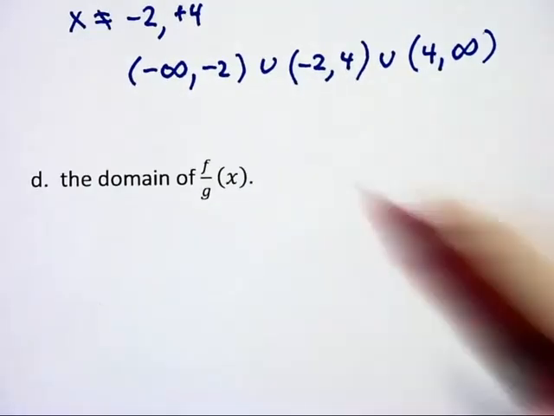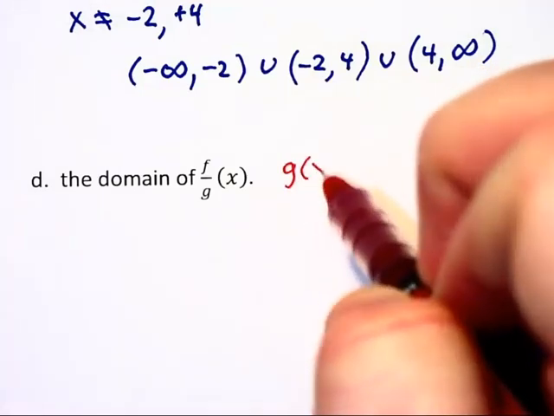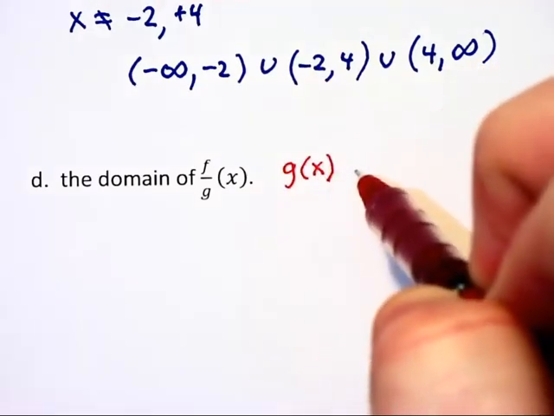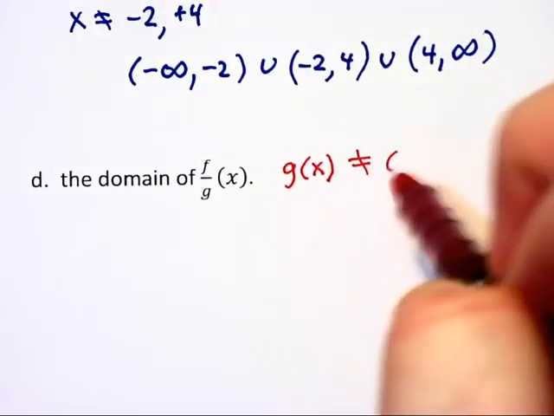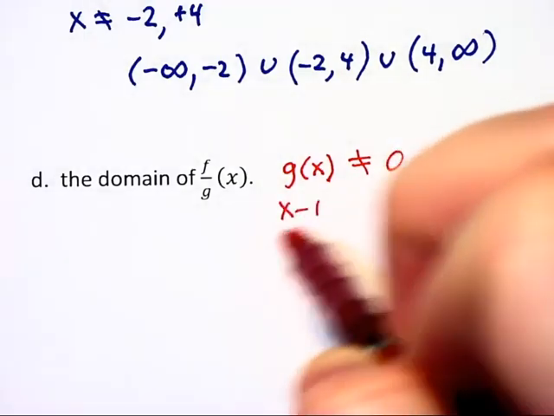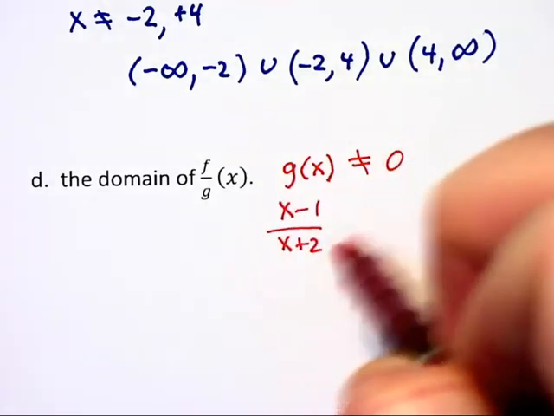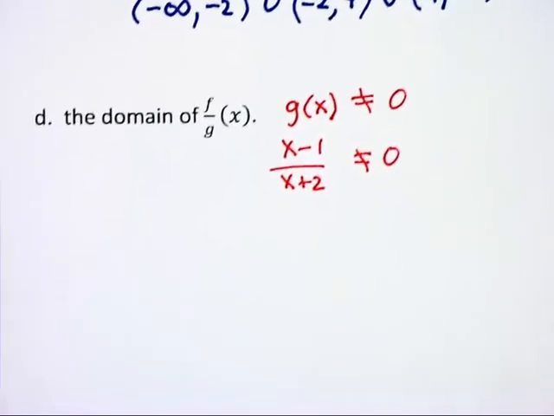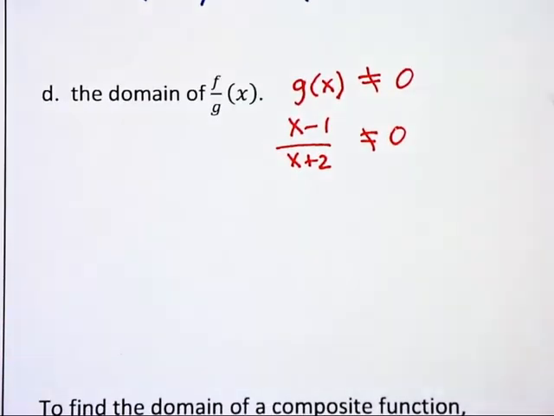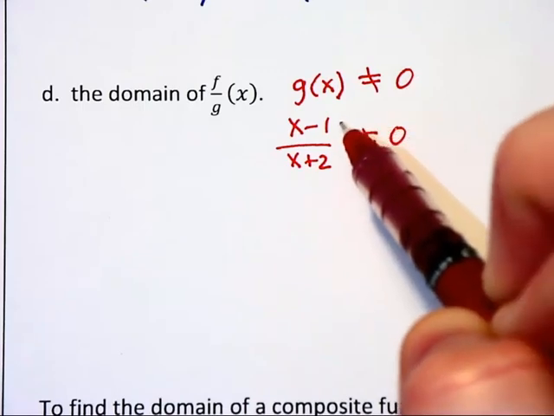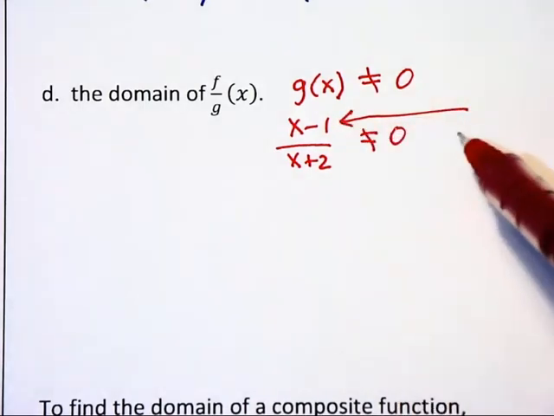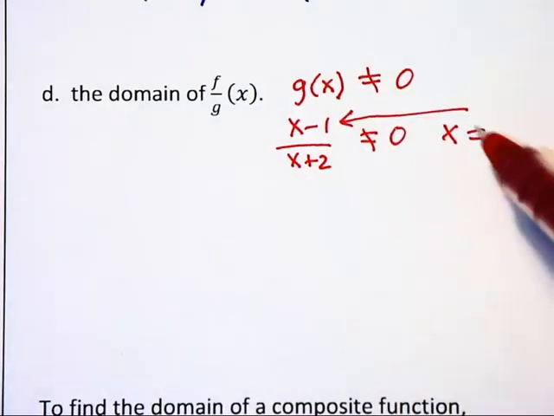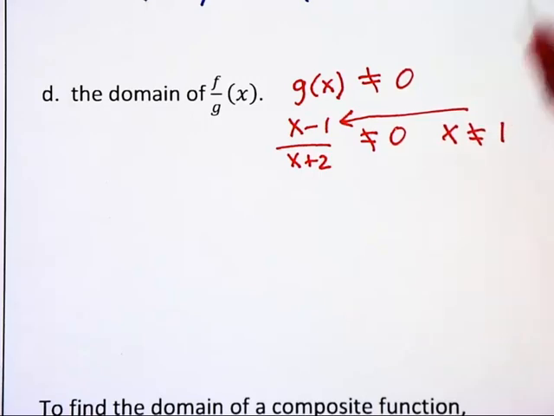Well, let's think of what would happen if g of x is equal to 0. That means x minus 1 over x plus 2 cannot equal 0. When is a function equal to 0? Well, the function is equal to 0 when the numerator is 0. So now we're saying x cannot equal 1.